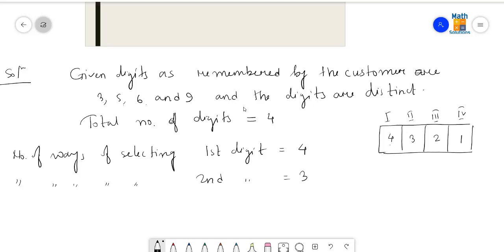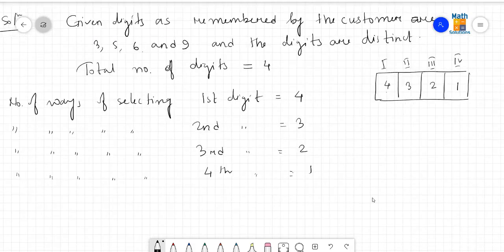Then number of ways of selecting the third one is equal to 2. Then number of ways of selecting the fourth one is equal to 1. So what do we have to find out?